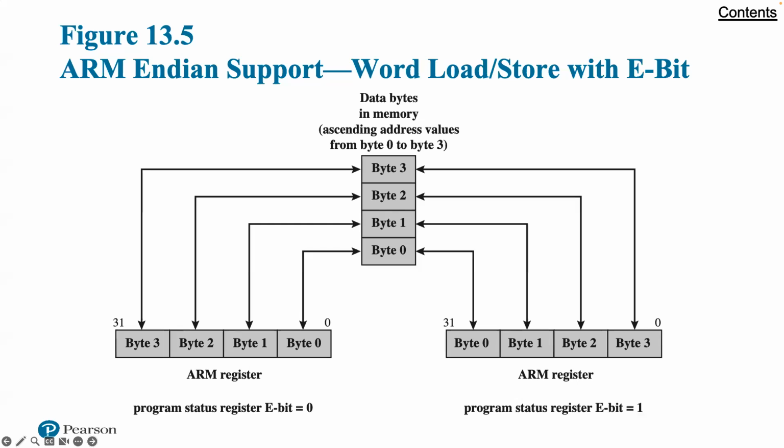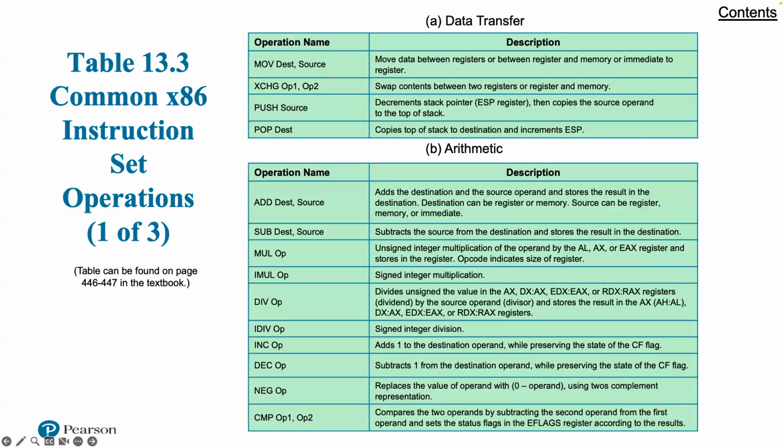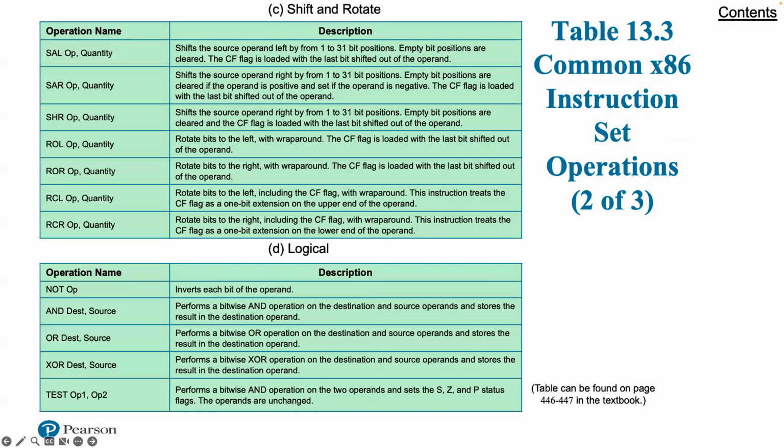I'm going to skip this, but there are more details in the textbook. So let me just keep it at a higher level to start out with. What are the general classes of instructions? Data transfer, that would be something. Arithmetic: addition, subtraction, multiplication, division, all of those basic things that we want to make sure we cover.